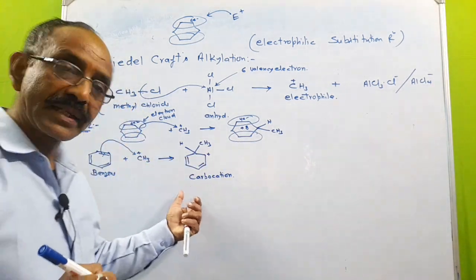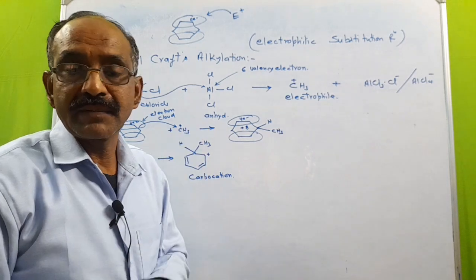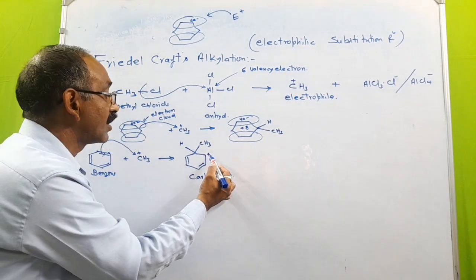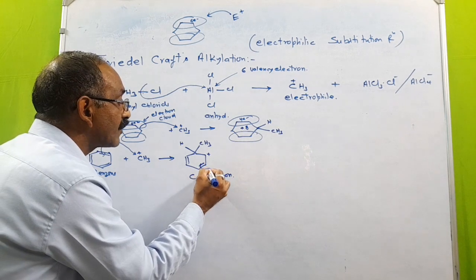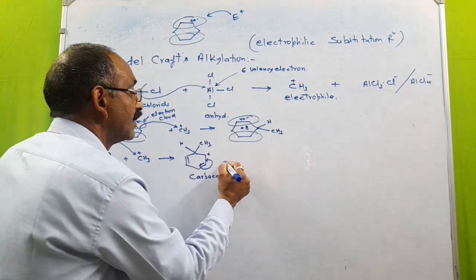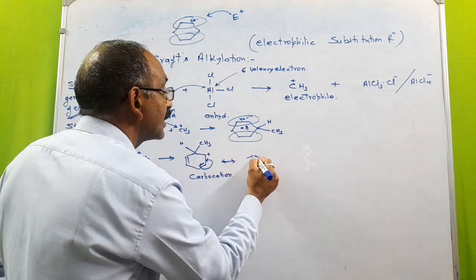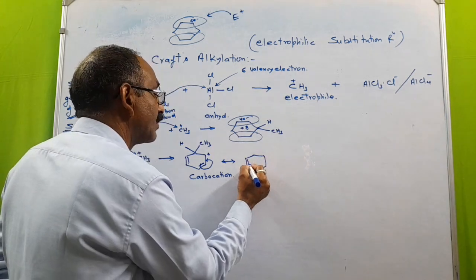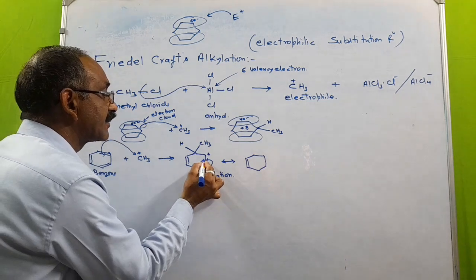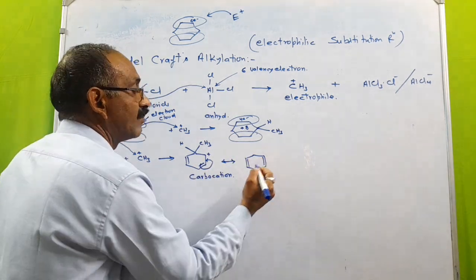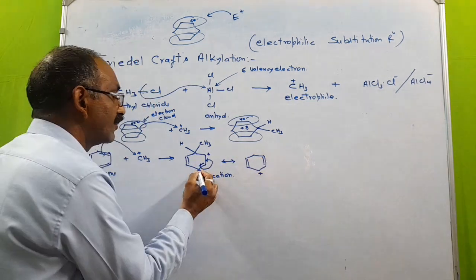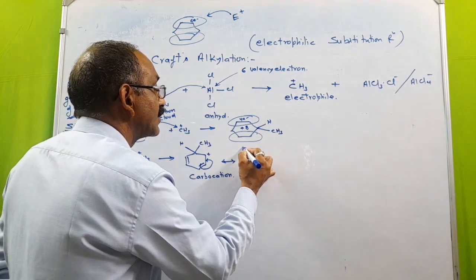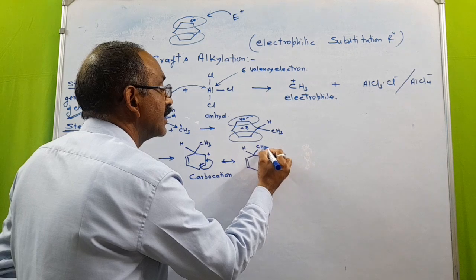The carbocation thus obtained remains stabilized by the presence of resonance. In order to compensate the positive charge of this carbon, the pi electrons of the adjacent bond shift here. We'll get another resonating structure. As these 2 electrons shifted, a double bond will form here. This carbon will now become electropositive, and at the ring there is one H and CH3.